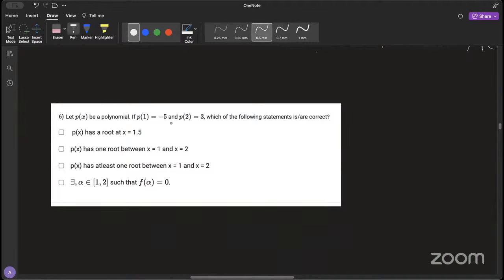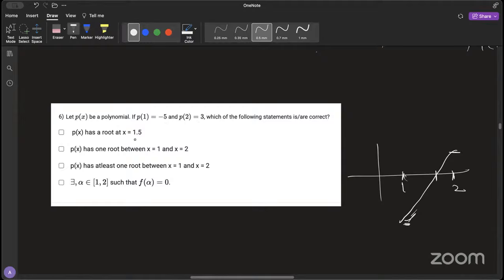If p(1) is minus 5 and p(2) is 3, that means they have opposite signs. At 1 and 2, at this point you have something negative, and at this point you have something positive. That means you should have a root between these two points, 1 and 2. There should be a root between 1 and 2 for this polynomial. Which of the following statements is correct?